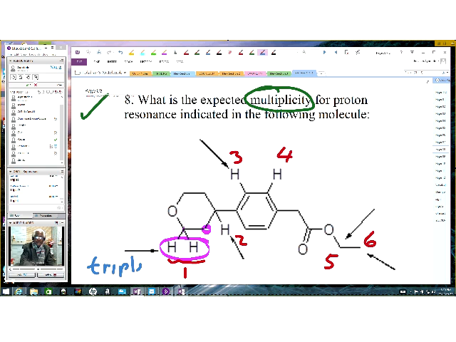Okay? Very good. Now, about 2. Take a look at this hydrogen here. It's attached to this carbon here, but this carbon is also attached to this carbon and this carbon. In other words, the question is, how many hydrogens does this hydrogen see?